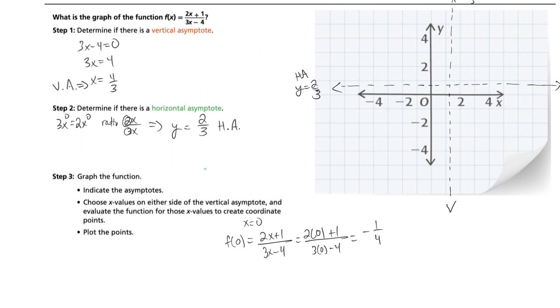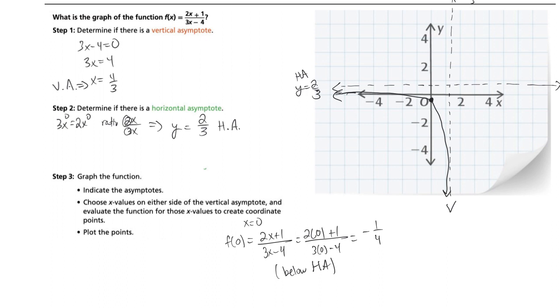It would be about here. So this tells us we're below the horizontal asymptote. So now we can sketch this rough curve as it goes through here, and then it's eventually going to approach the dotted lines.